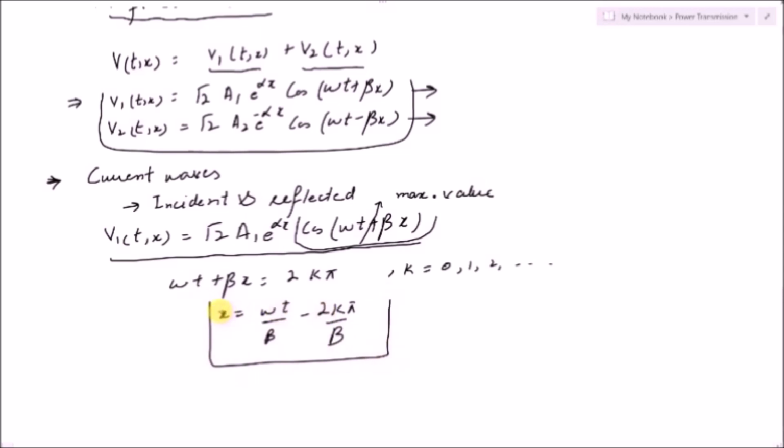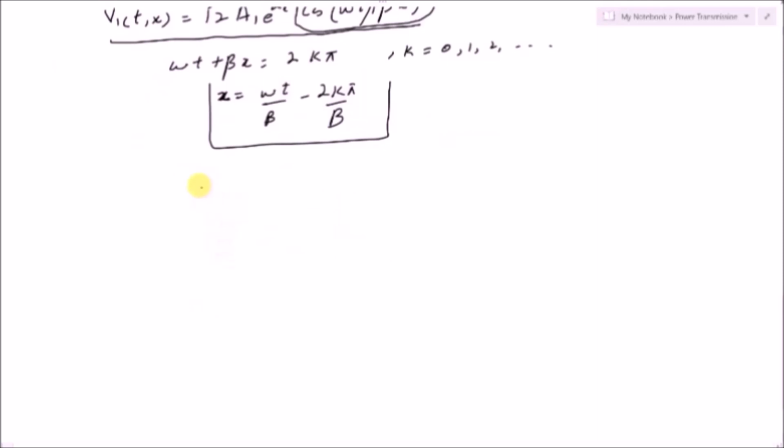So this x is actually the distance from the sending end at which we are calculating the voltage. So if this is the distance and I have to find the velocity, for example, velocity is actually change in distance over time. So if I have to find the velocity, I will take the derivative of this equation.